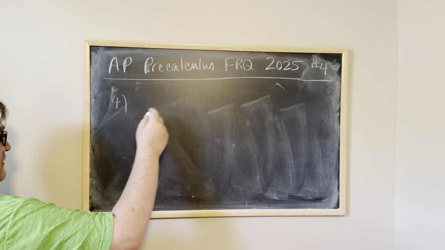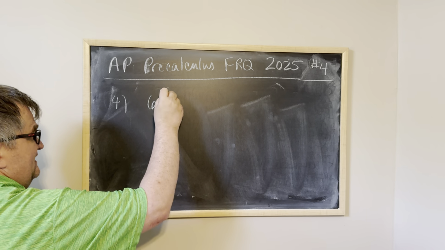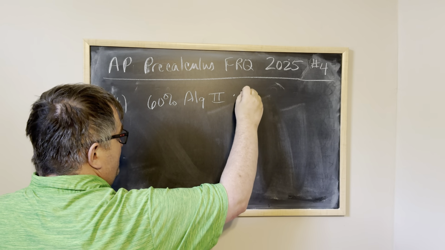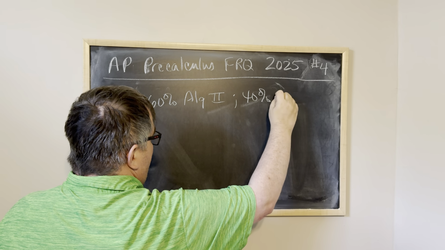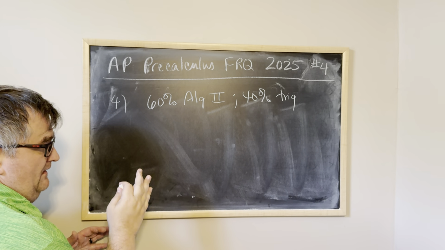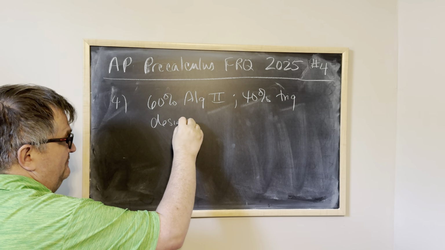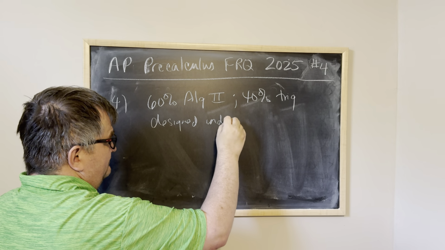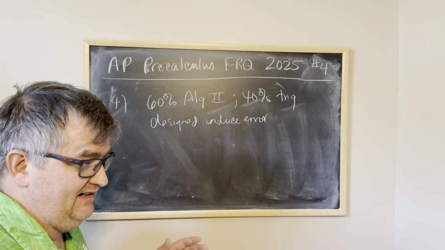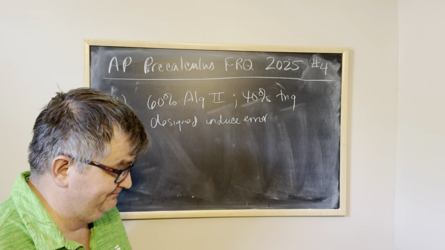My thoughts on question 4: 60% of this is an Algebra 2 question, and then 40% was trig. I feel this question was designed to induce error. Because if you start getting numbers misplaced and all that, this becomes an easily missed question.